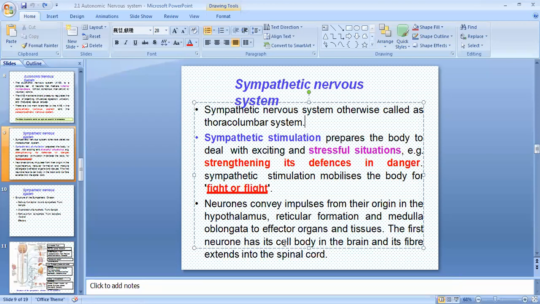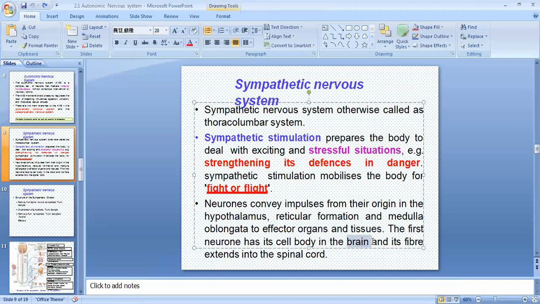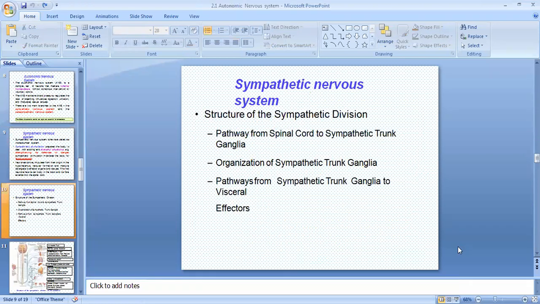So the first neuron has its cell body in the brain and its fiber extended into the spinal cord. Whatever nerves are involved in this system, each neuron has its cell body located in the brain, and their fibers extend out into the spinal cord.